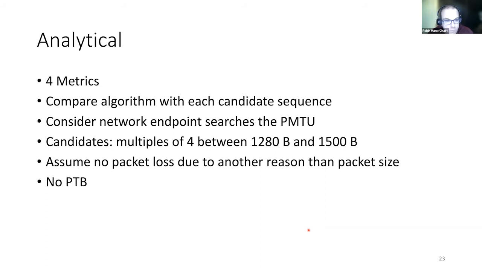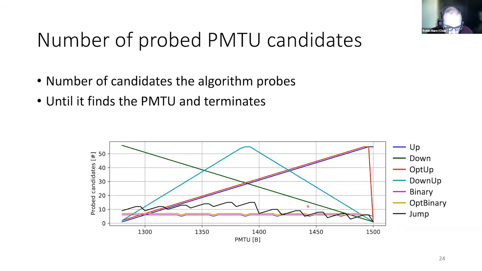We further assume no packet loss due to any reason other than the packet size, and we expect to receive no PTB message. With the PTB message, the search is quite easy and we don't see much of a difference between the algorithms. So we expect to receive no PTB message, and the first metric we defined is the number of probe candidates.